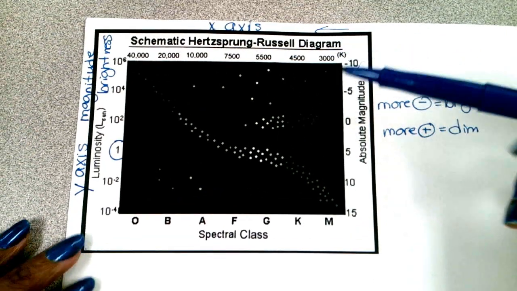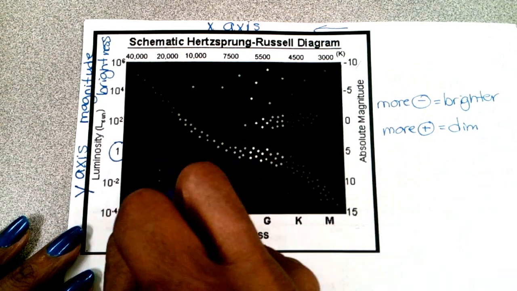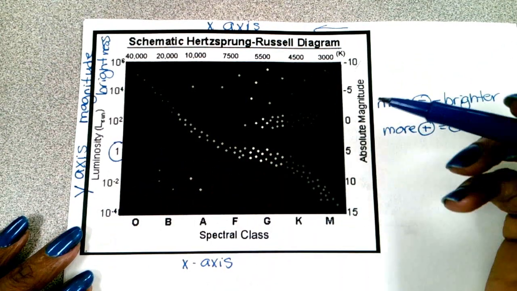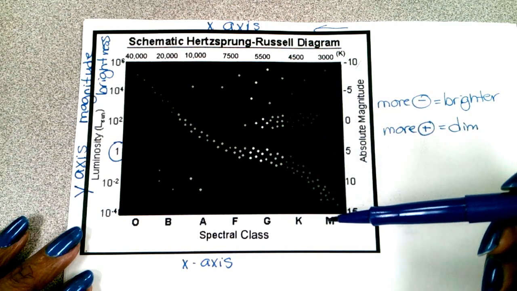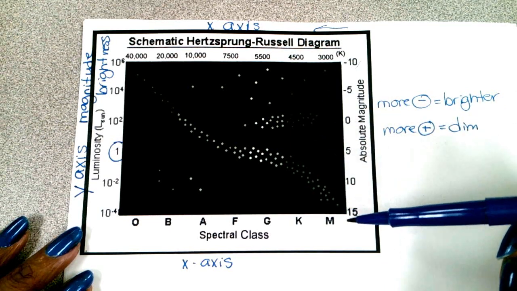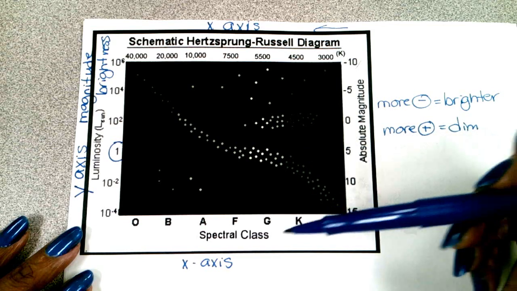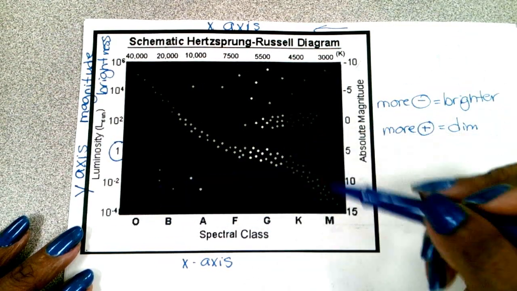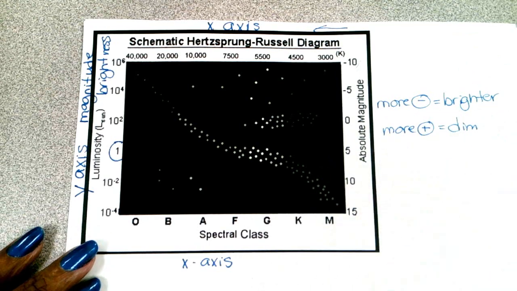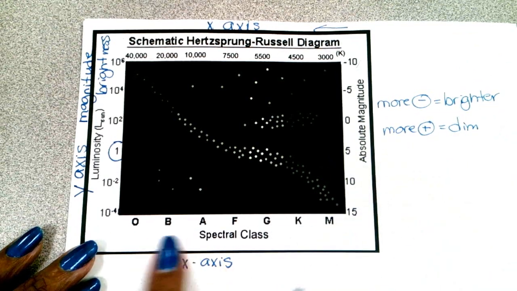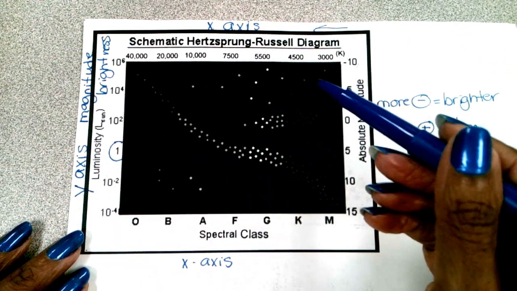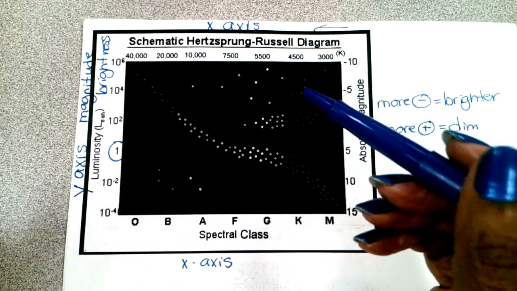All right. Just want to call your attention. This is still your x-axis. And like I said at the beginning of the video, your spectral class is at the bottom. So remember M, K, G, F, A, and so on. Okay. So your class is at the bottom and not at the top. But one thing they do on this diagram is they do have the stars plotted but not labeled.